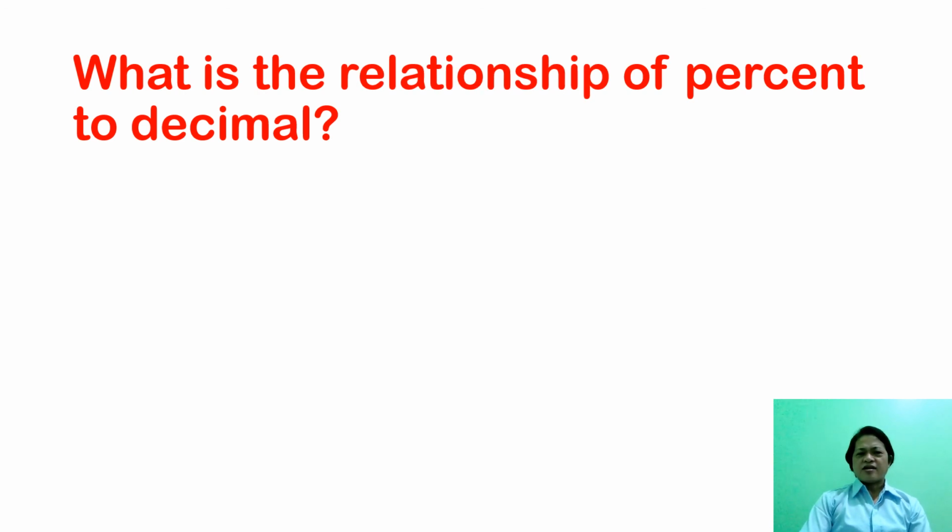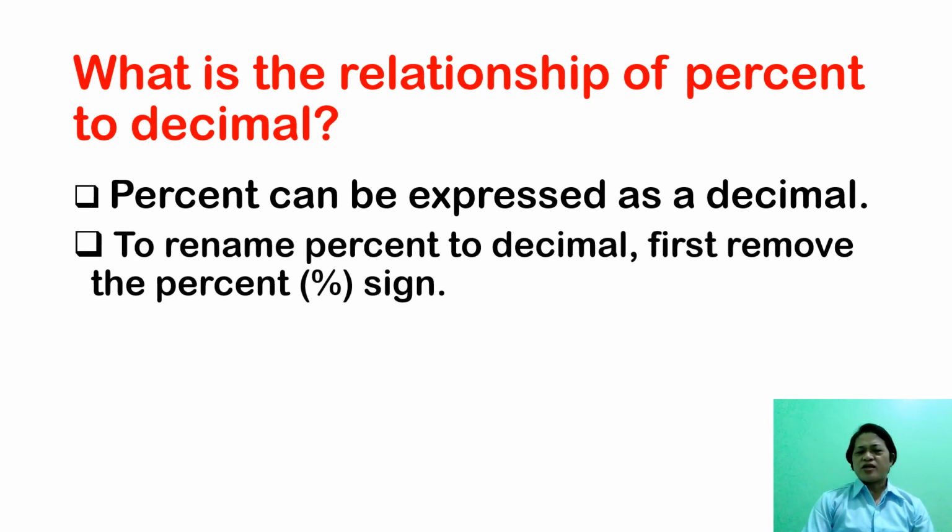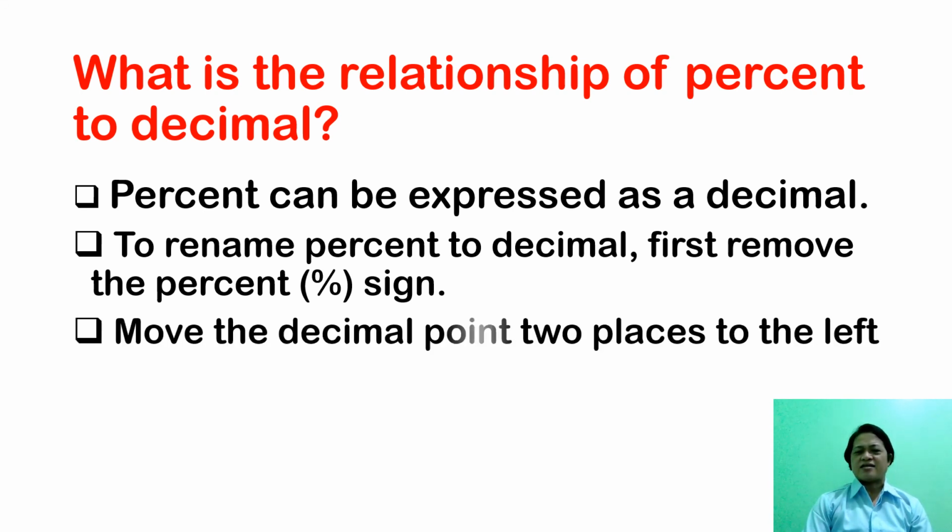Before you proceed answering the module, kindly answer this question. What is the relationship of percent to decimal? Okay, very good. Percent can be expressed as a decimal. To rename percent to decimal, first remove the percent sign.